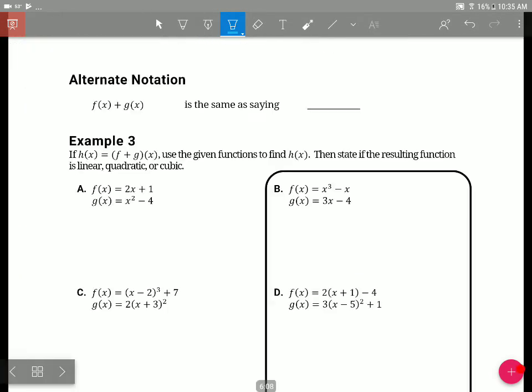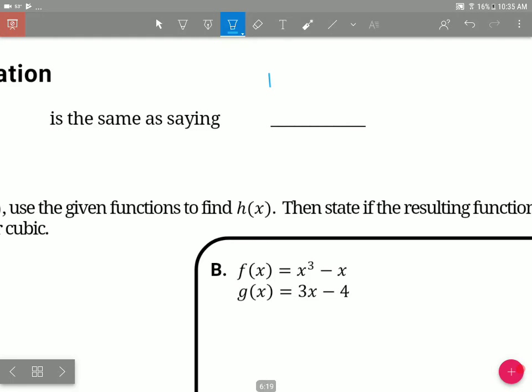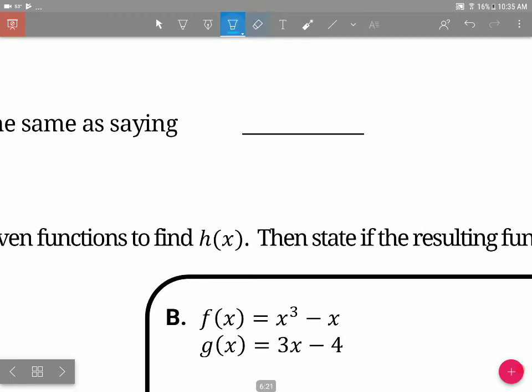Here we go. f of x plus g of x is the same thing as saying, if you ever see, f plus g of x. They could also write it like that. Okay? Put the two in parentheses.